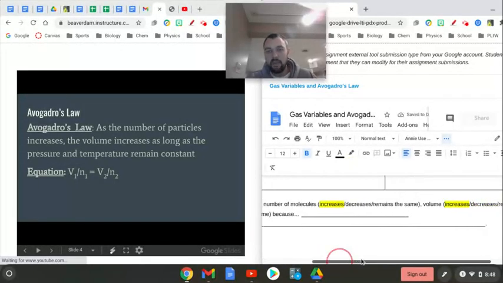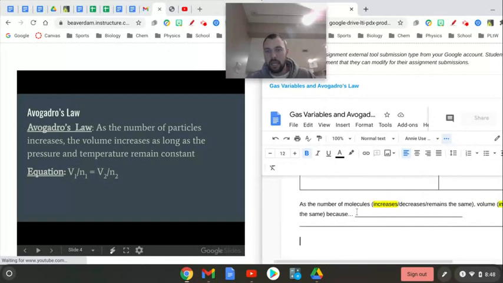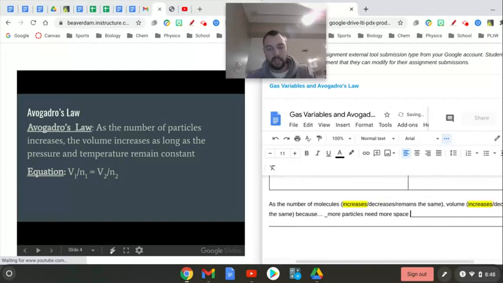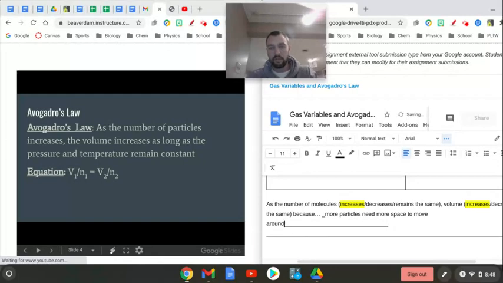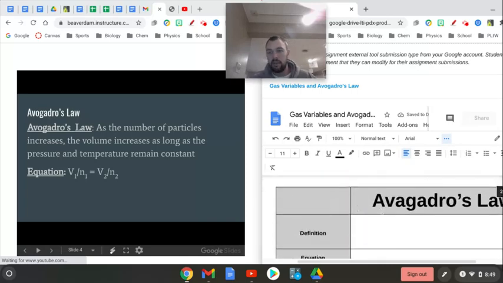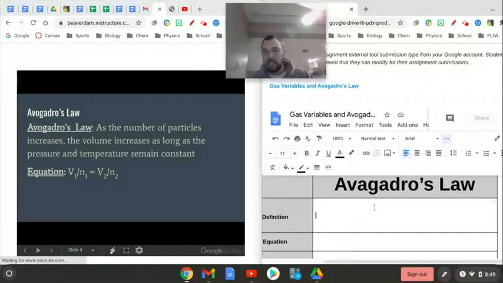So as the number of molecules increases, the volume increases because, why does that happen? More particles need more space to move around because gas particles are always moving. I'll take that and I'll highlight that red. You could have done whatever, just as long as it kind of stands out a little bit. Now let's get to Avogadro's law.